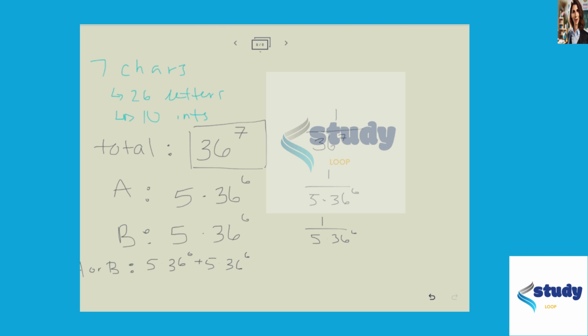Since we're adding the same thing, this is like 2 times the thing. So that would be 2 times 5 times 36 to the 6th, which is just 10 times 36 to the 6th. So in case part A was asking about being limited to just event A or B, then that would be 1 over 10 times 36 to the 6th.